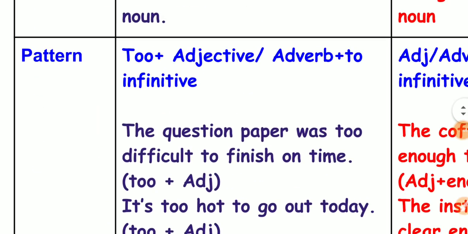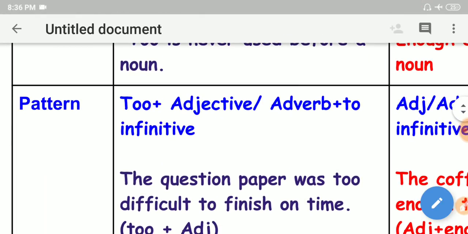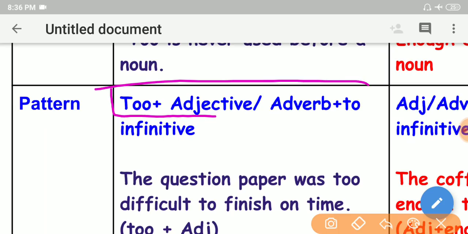See, my dear friends, what is the pattern of "too" and adjective? There are mainly three patterns with "too", and at the same time three patterns with "enough". So let us go and learn these three patterns. How do they occur in sentences? See, the first and foremost pattern is "too" plus adjective.